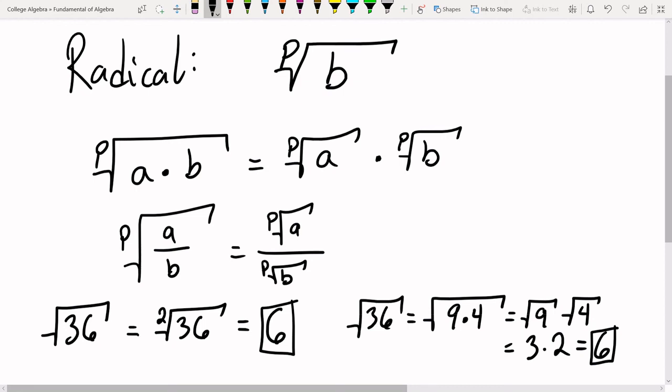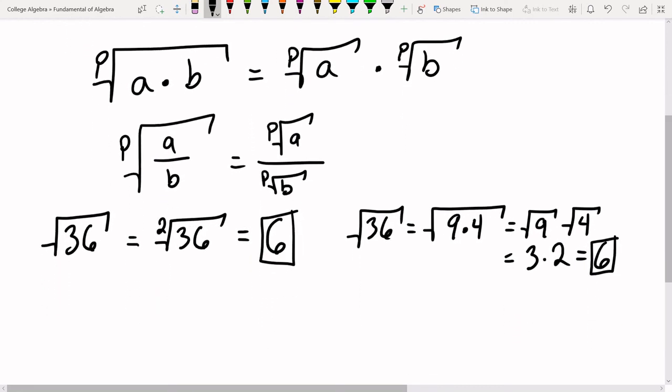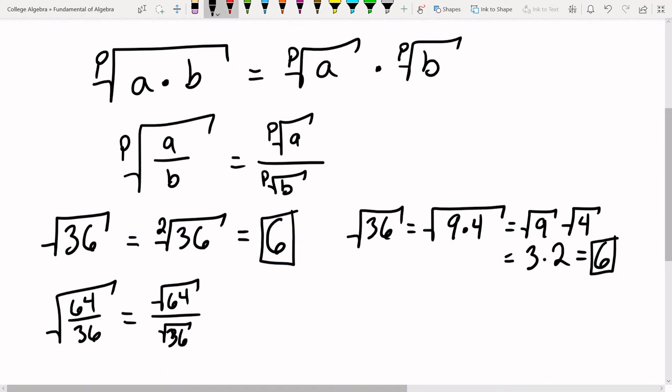All right, let's look at another one. Let's look at the square root of 64 over 36. We can break this up over each. And if you don't know these things, you can break it down like I did in this portion here.